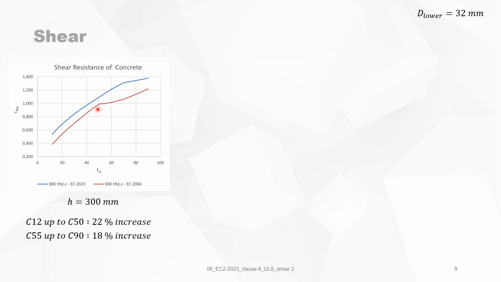You see immediately that for high strength concrete, there is a deviation because of the different values of the concrete strain at high strength concrete.